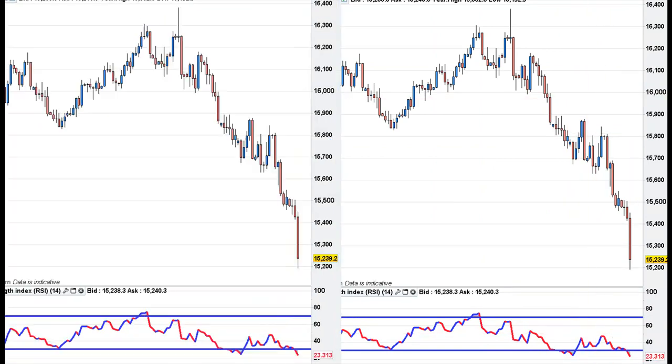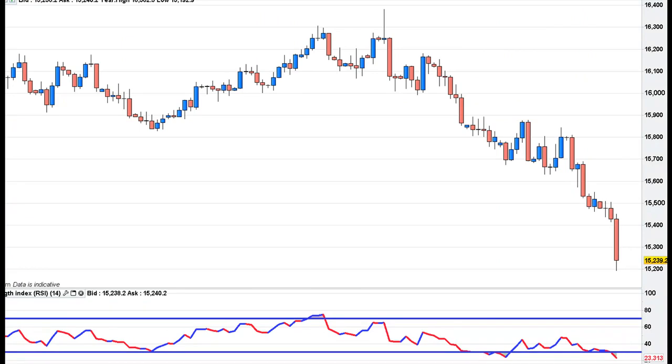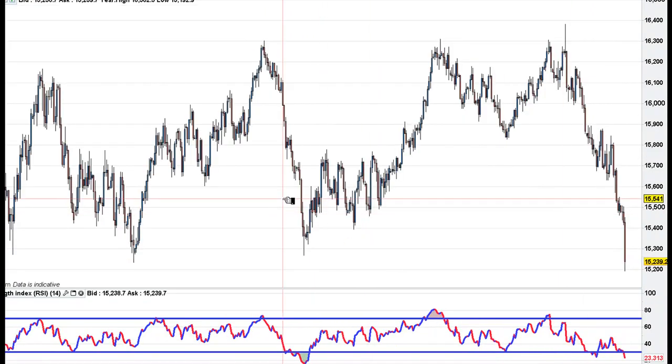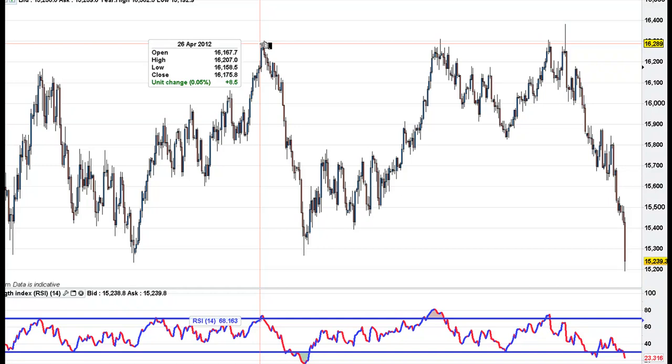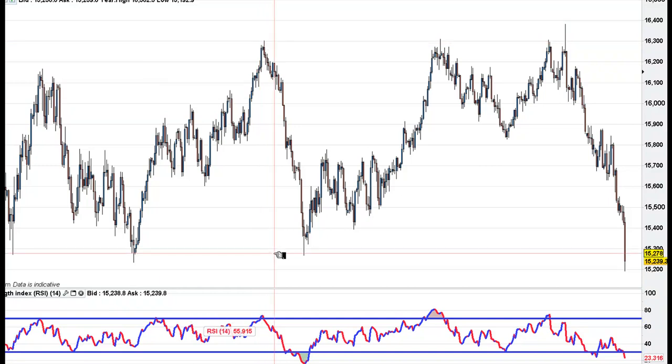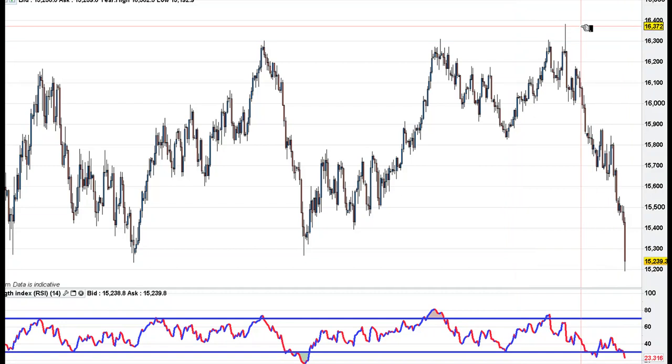I can't remember a time when, okay, we had a huge sell-off here from April last year, and that was 163. That was 1,000 points, and we've had more this time.